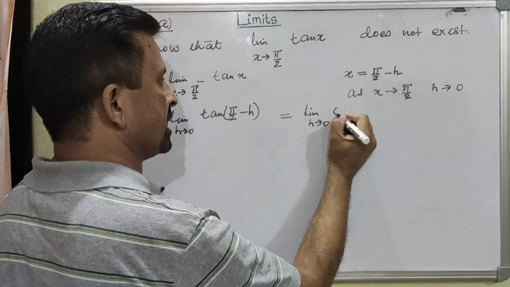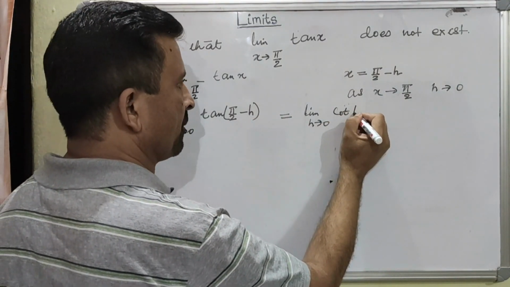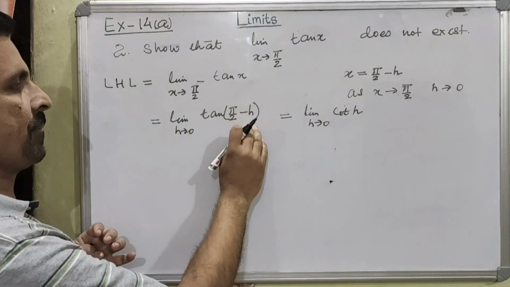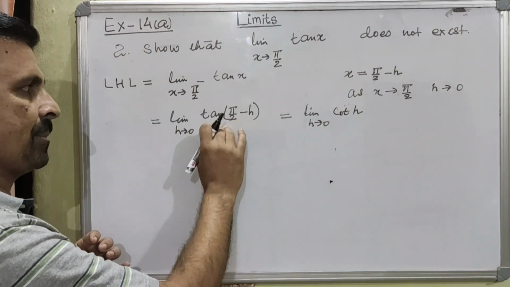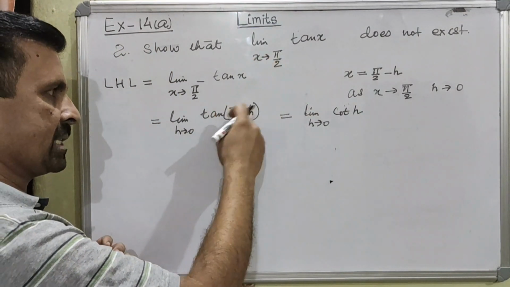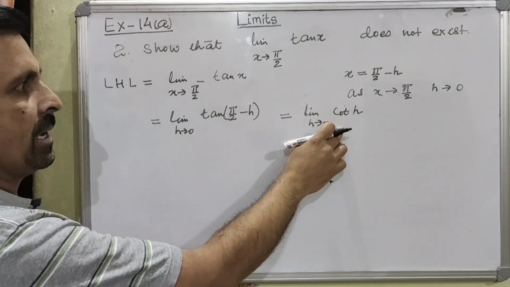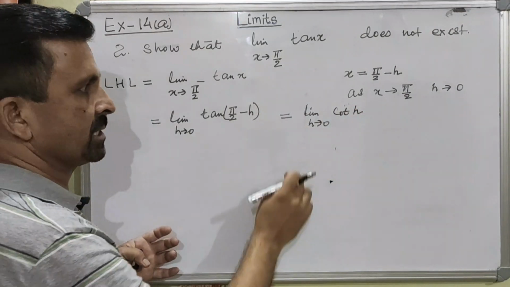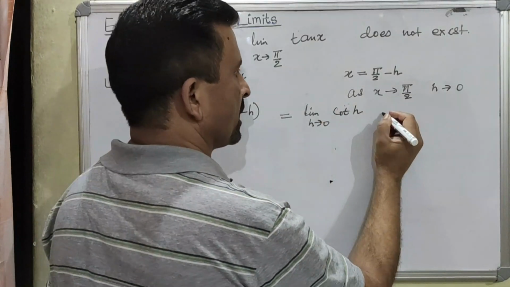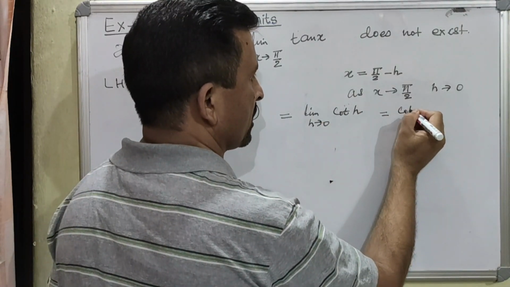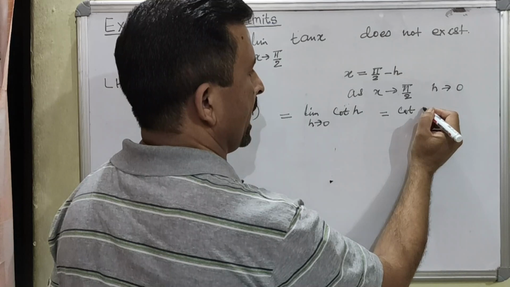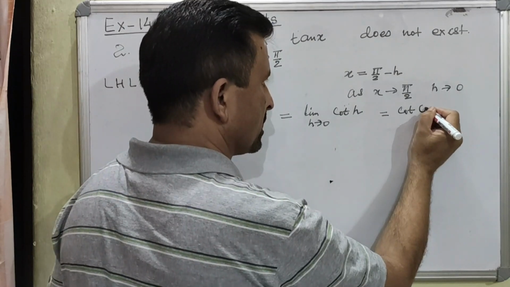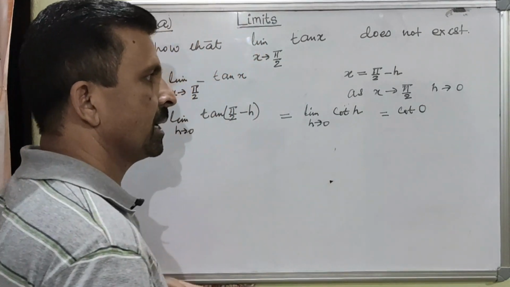So this tan will change into cot, cot of h. So this function is simplified. We always simplify the function first, and after the function is simplified, then we use the value of h. So the value of h is 0, so it is cot of 0.